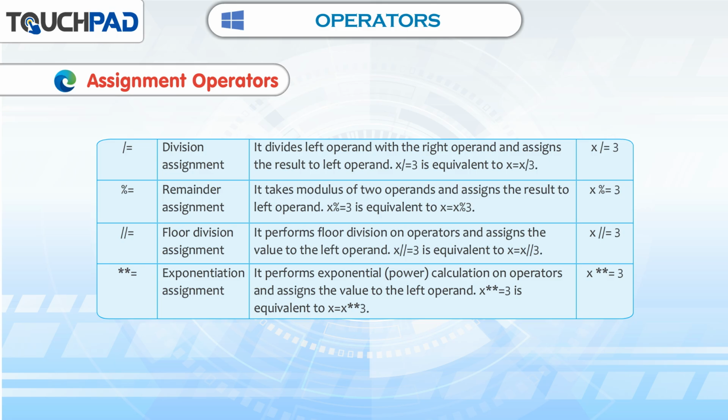Division assignment: it divides left operand with the right operand and assigns the result to left operand. x /= 3 is equivalent to x = x / 3. Remainder assignment: it takes modulus of both operands and assigns the result to left operand. x %= 3 is equivalent to x = x % 3.